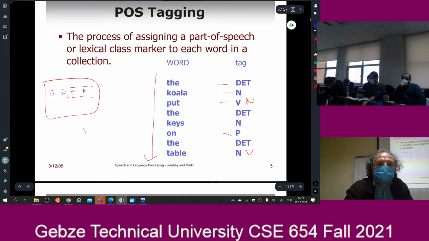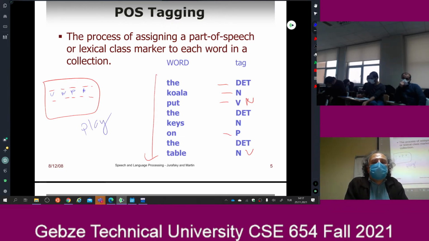For example, play. I play soccer is translated futbol oynadım. I play guitar, gitar çalıyorum, right? Well, in that case, both of them are verbs. That was a very wrong example. But again, depending on the part of speech tag, you are going to translate it differently, or you are going to summarize it differently.